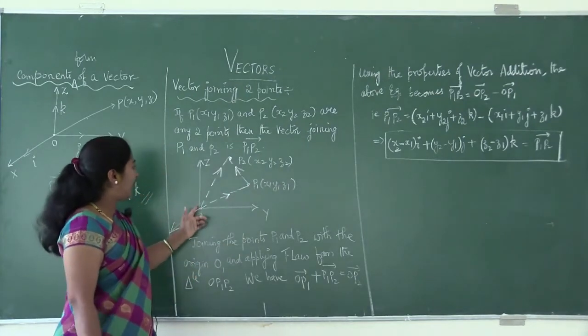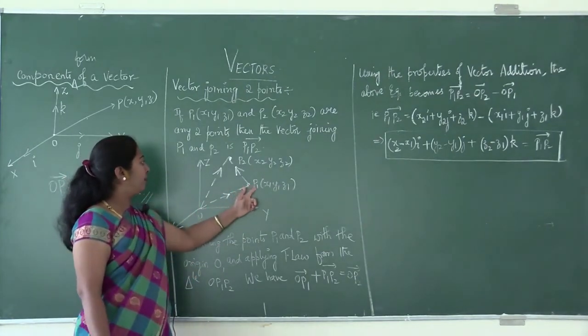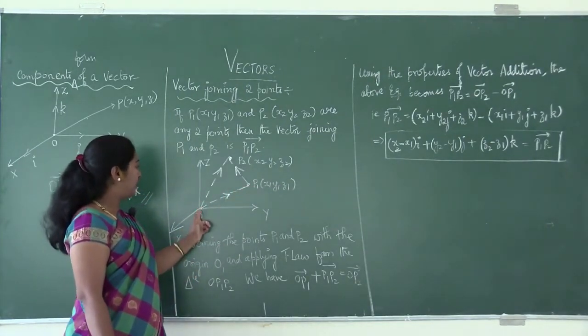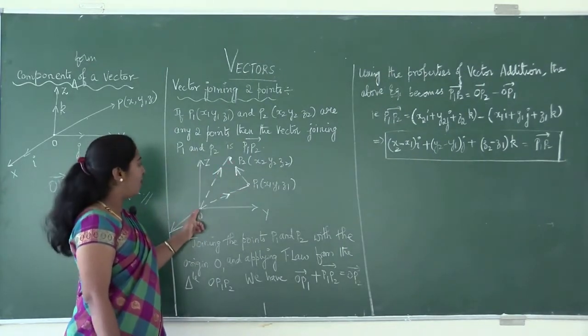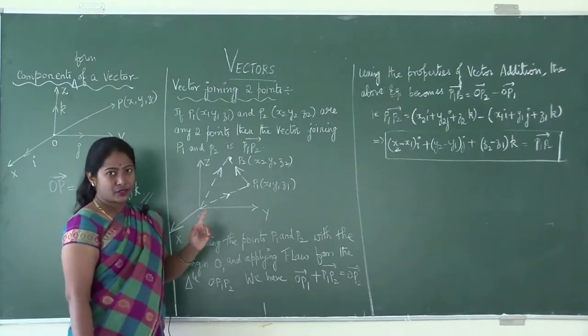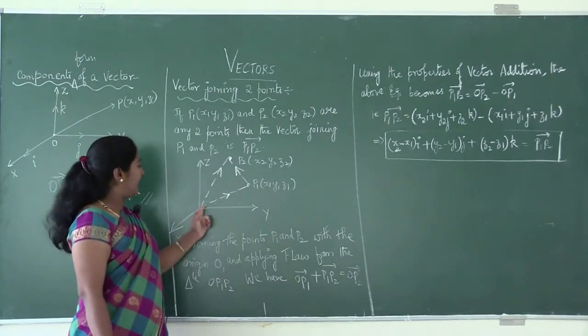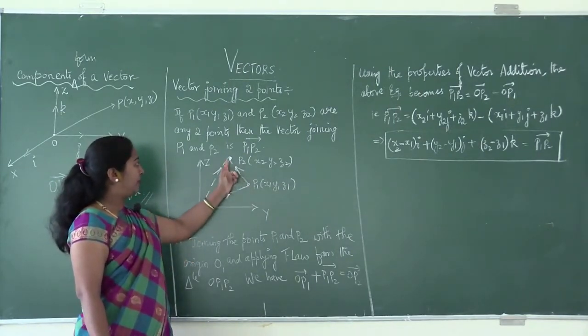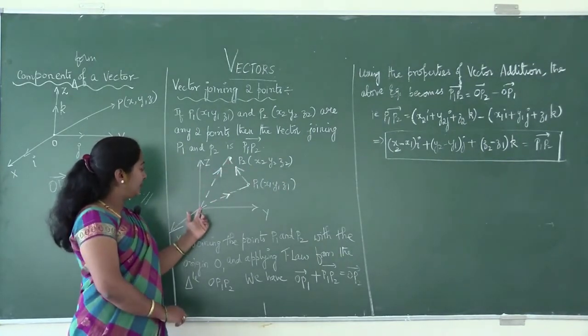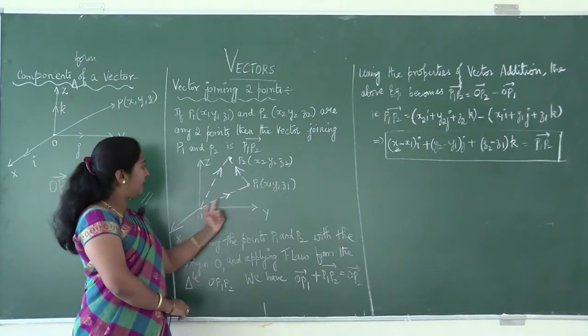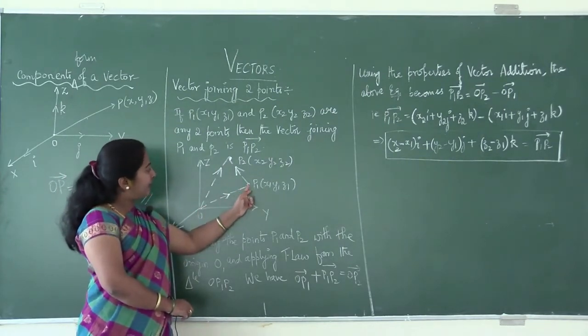Now, I will join the point P1 with respect to origin O, and I will join the point P2 with respect to origin O. With regards to the direction of the vectors, I can write vector OP1 plus vector P1 P2 is equal to what? Vector OP2. Look at the direction, vector OP1 and vector P1 P2.